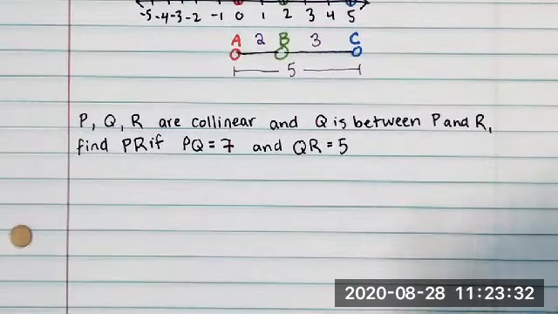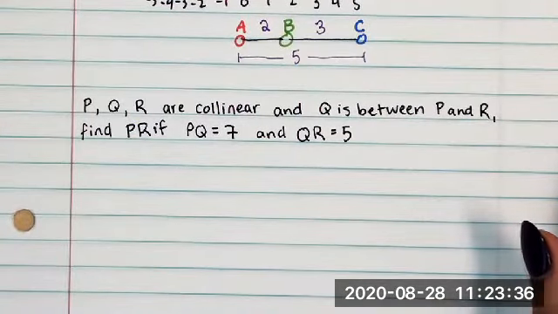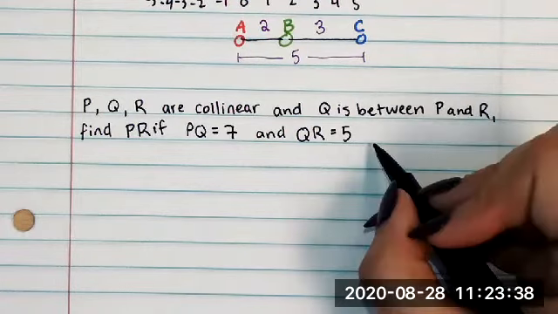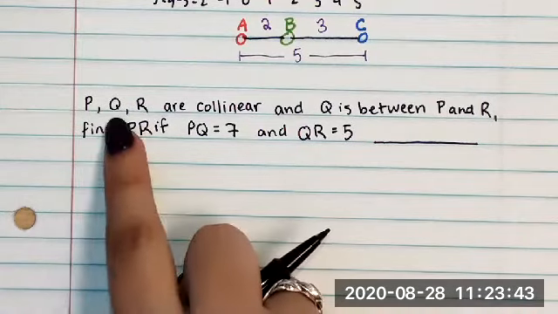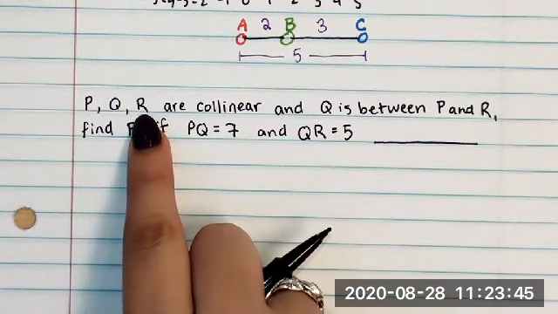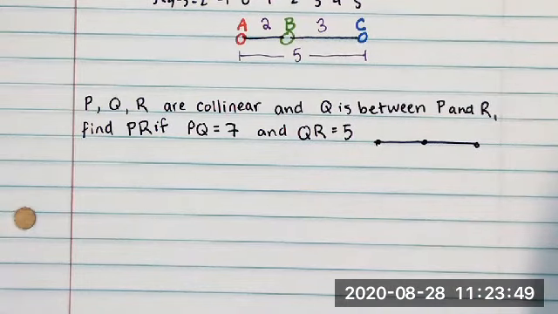Now these don't have any pictures to them because I want us to be able to represent these with pictures of our own. So you can start off with just any line, and then I know that P, Q, and R are on this line, so I'm going to have 3 points. And it doesn't really matter where I put them. I usually just space them equally, but you don't have to.